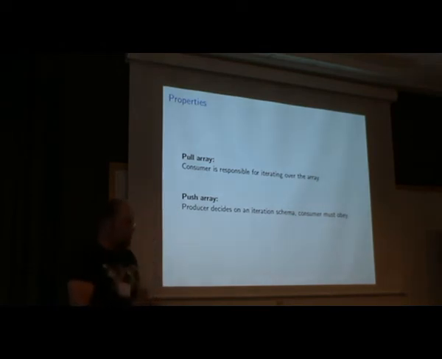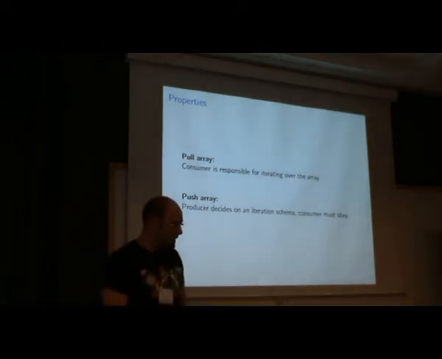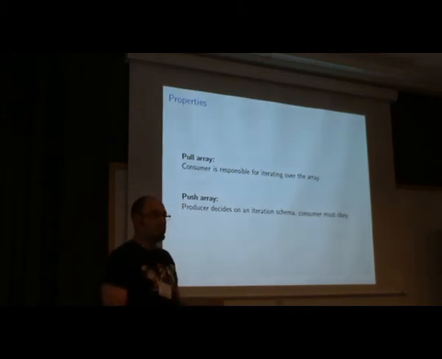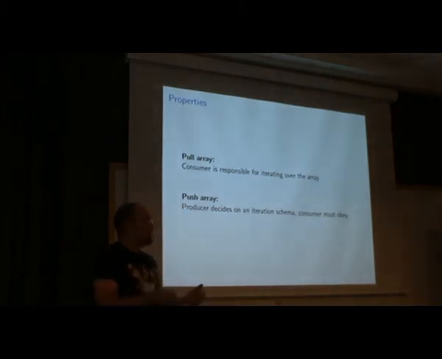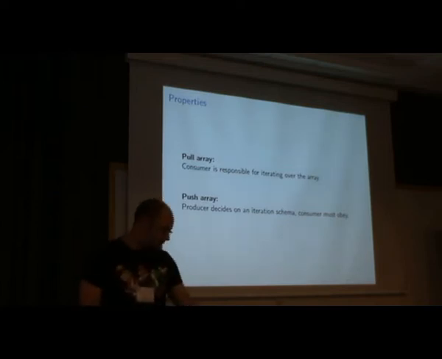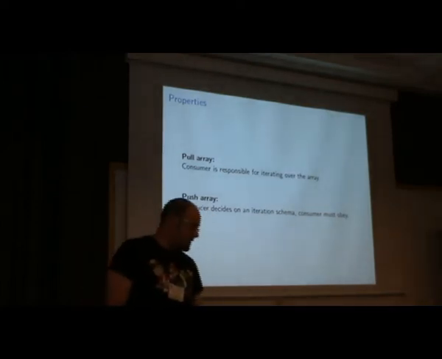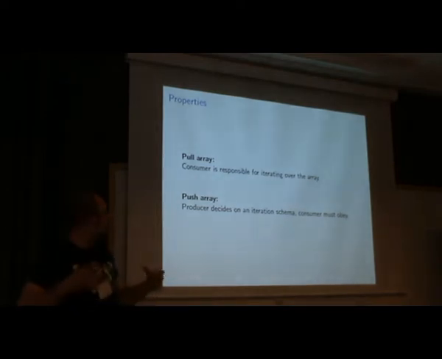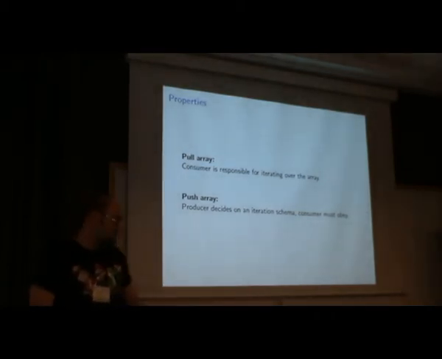These two array representations have a bunch of properties. When it comes to pull arrays, the consumer is responsible for iteration over the array elements that it is interested in. When it comes to the push array, the producer of the array decides what the iteration schema over that array is, and the consumer just has to obey that.